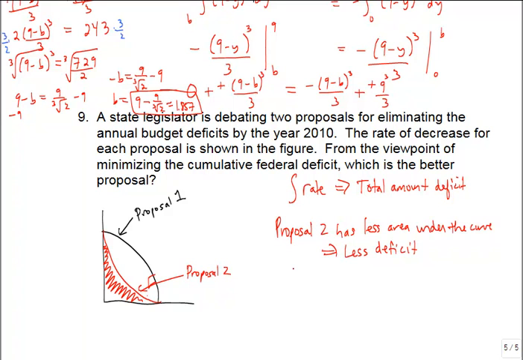And since we want to minimize the deficit, then we want to go with proposal 2.